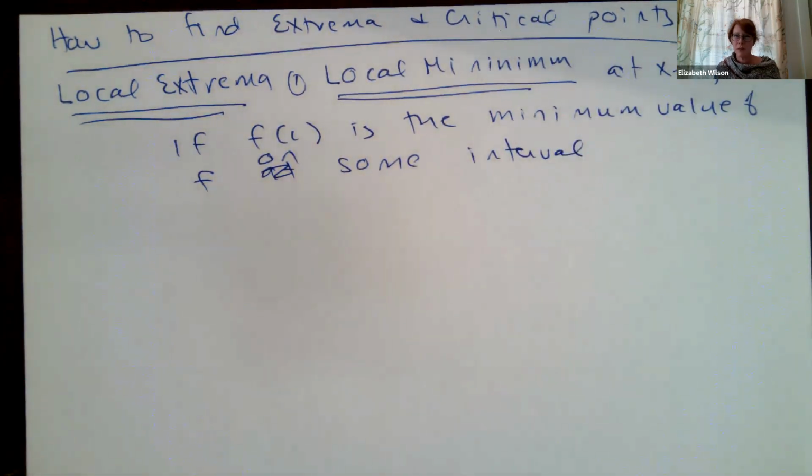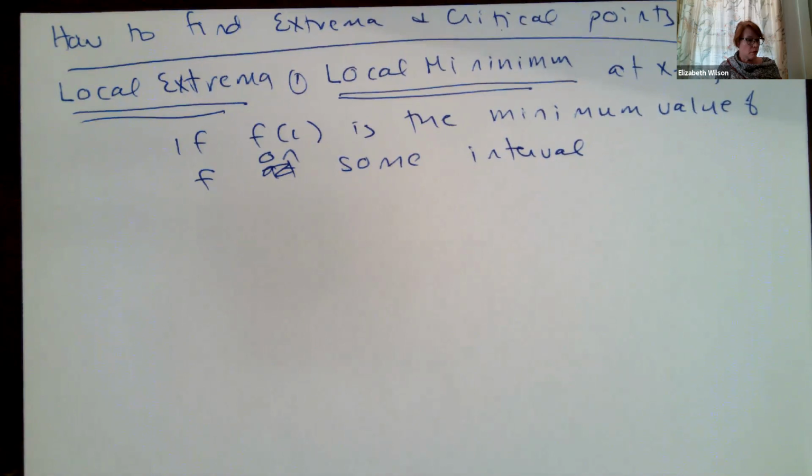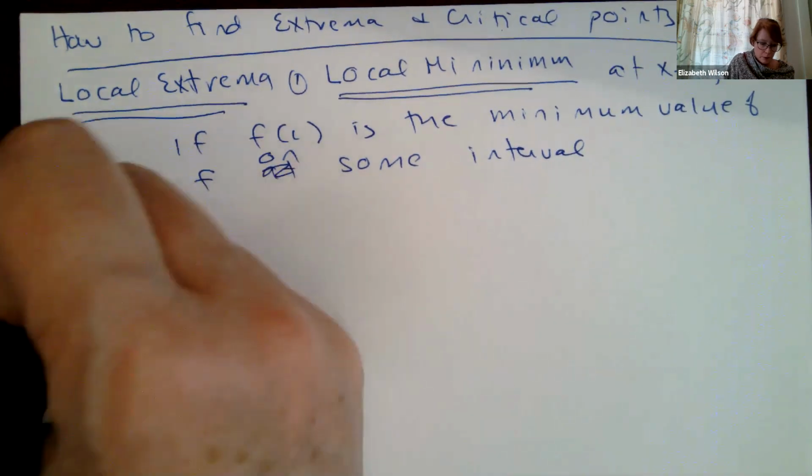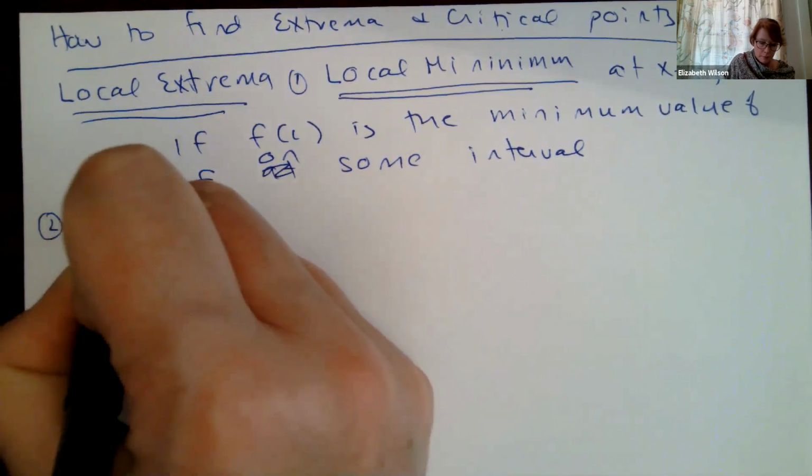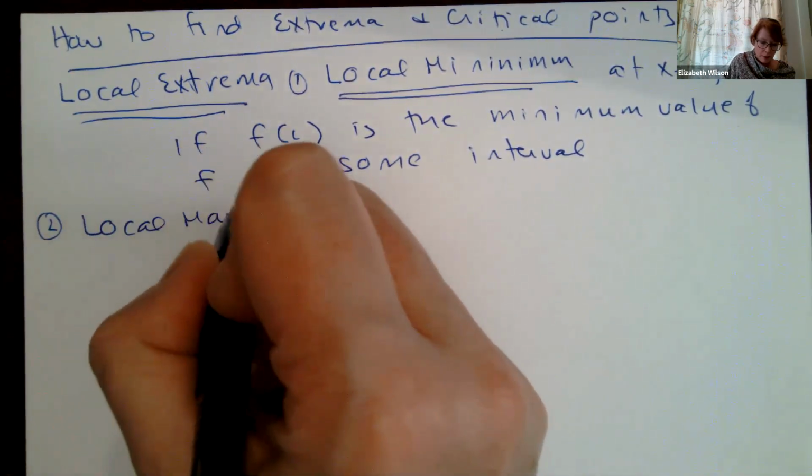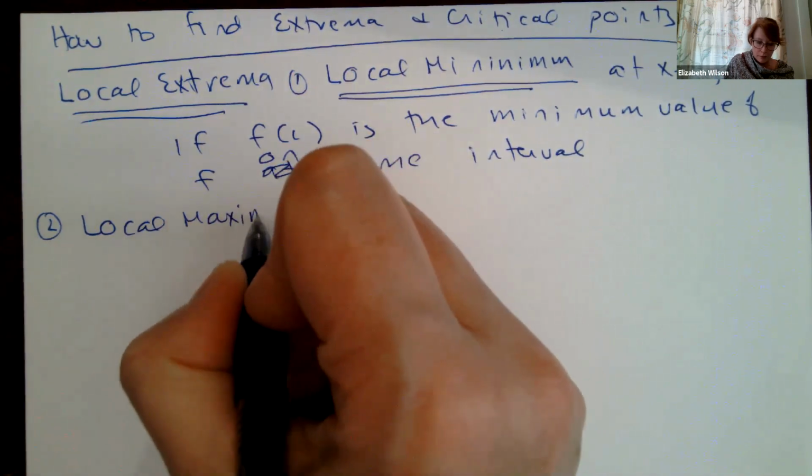The interval is within our domain. So our local minimum is the one which gives us the smallest value of our function within this interval. Our local maximum, same thing, only it's going to be our biggest.